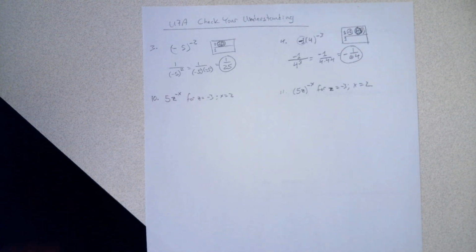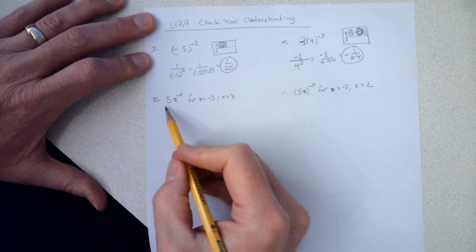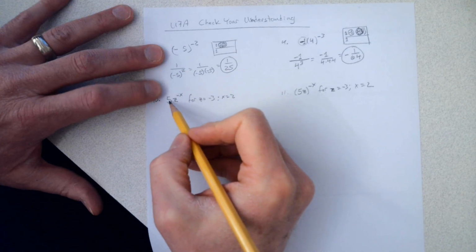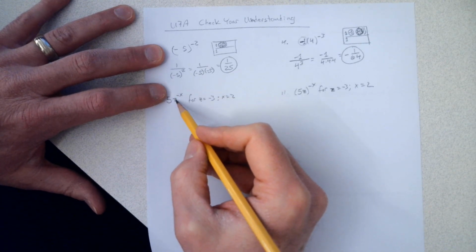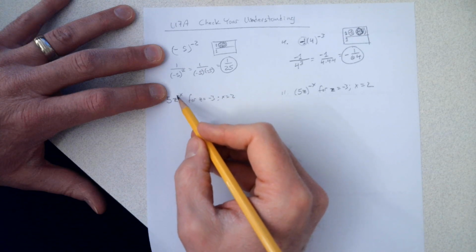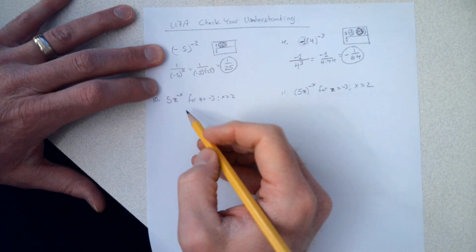All right. I'm going to do 10 and 11 as well here. If I look at 5z to the -x, that's a base of a 5. 5 is by itself. The z is being taken to the -x power, so it's a dark z, and there are x of them in the stack.